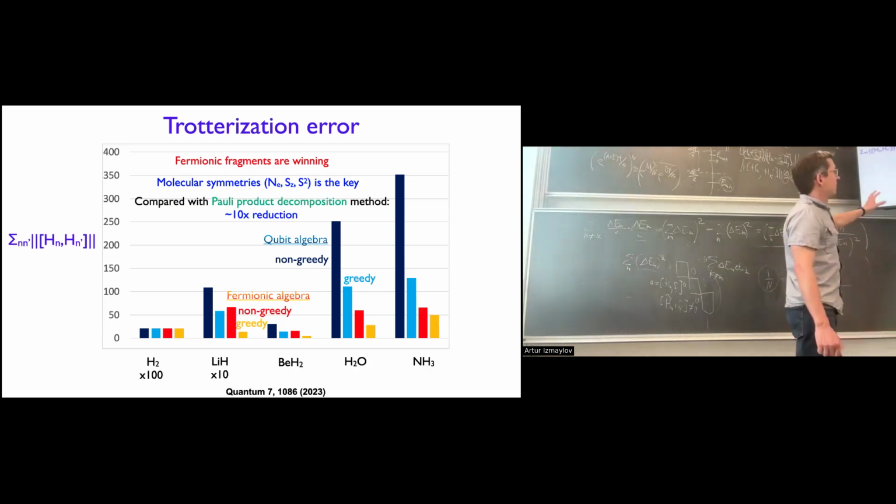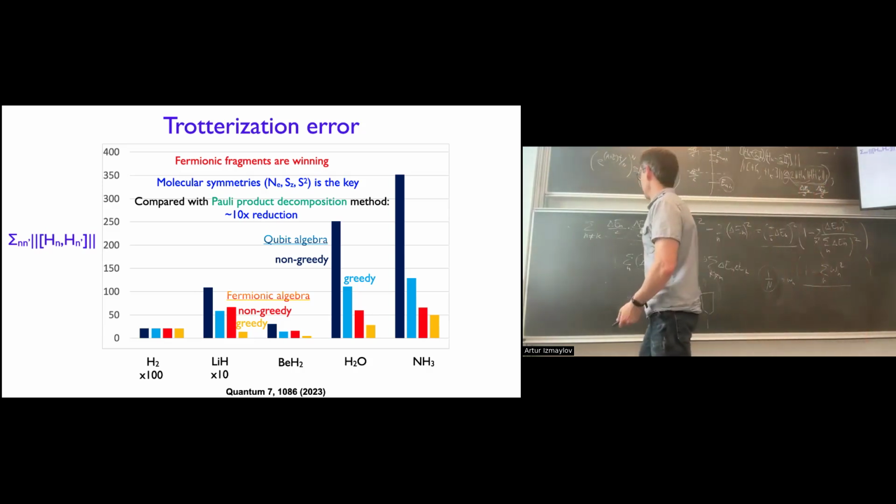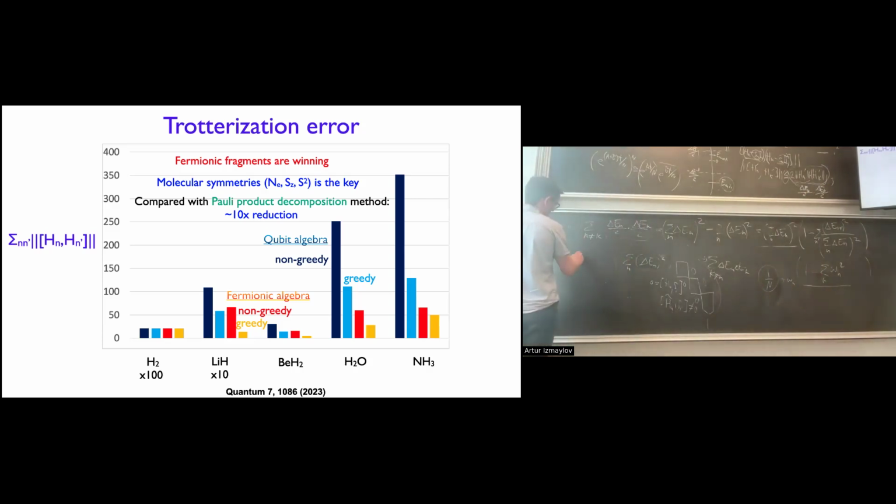And if you compare this with a very naive approach, since the entire Hamiltonian is a linear combination of Pauli products, you could do the trotterization using the Paulis instead of more sophisticated fragments.